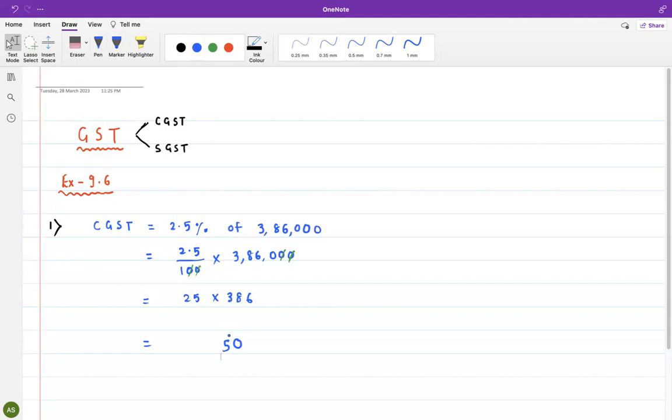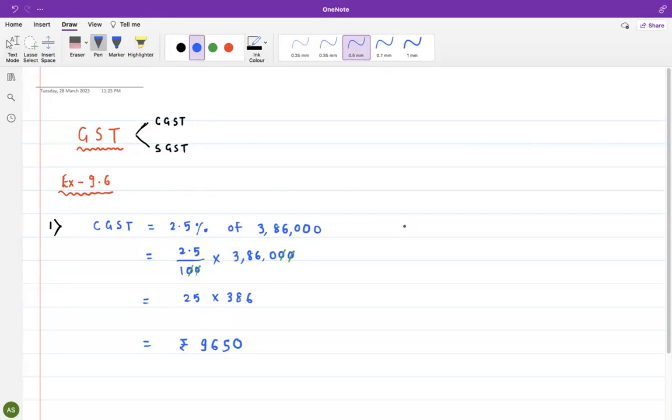Please calculate this and get the answer. 75 plus 21 is 96, so 9650. So yes, your CGST is done.